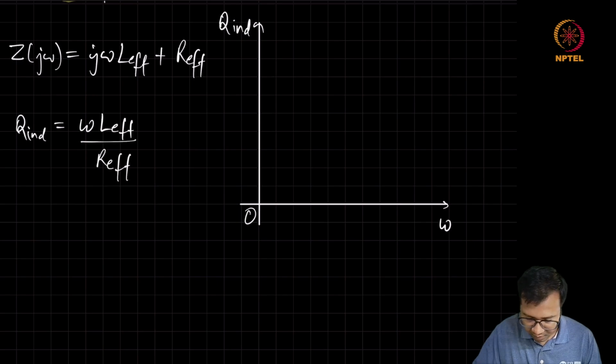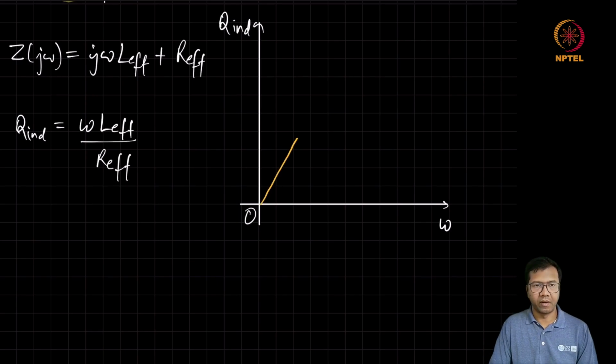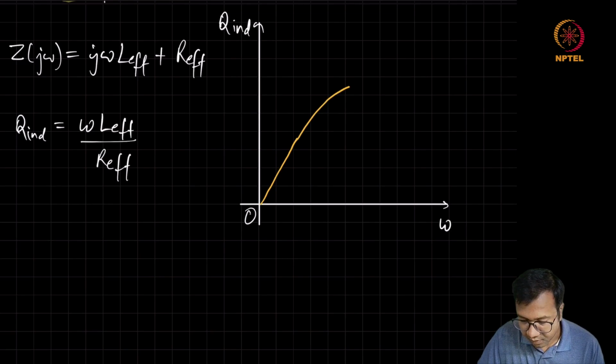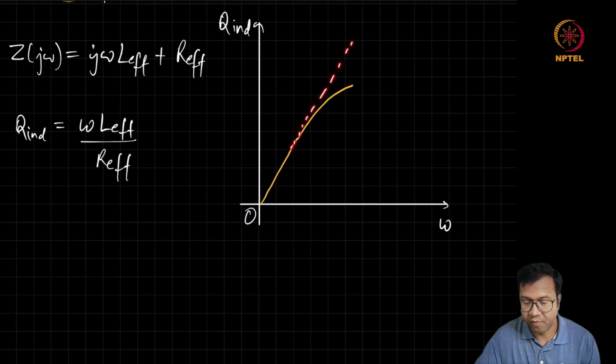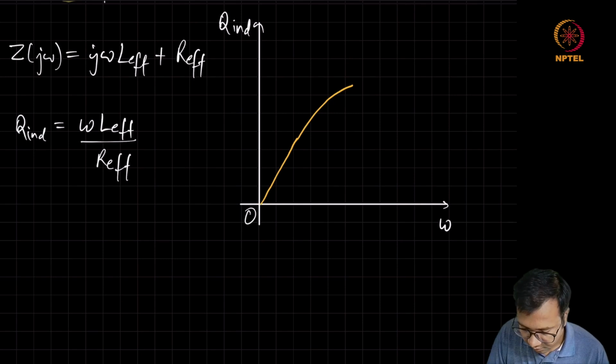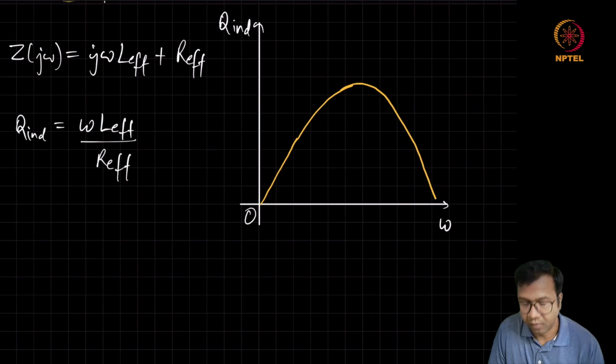We'll see that as the frequency increases, the quality factor of the inductor also increases linearly. But because of the skin effect, it starts reducing. The increase in the quality factor, which we expected linearly with the frequency, is slowing down. And then other losses also kick in. As a result, the Q starts dropping rapidly.